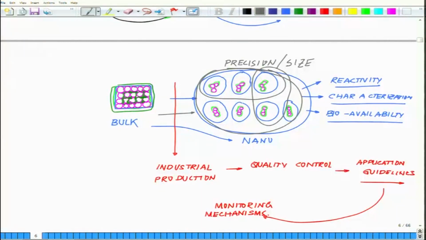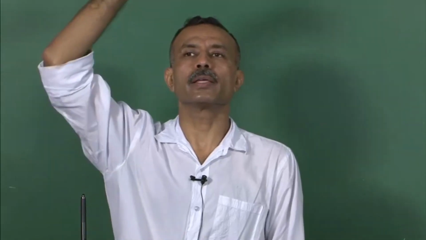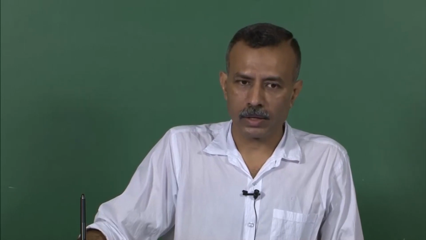So what we are saying is that we are not against nature, we are trying to emulate, we are trying to mimic nature with the powerful tool of nanotechnology. This is what I am trying to highlight, that if we play it wise, if we do it right, we can make a difference.